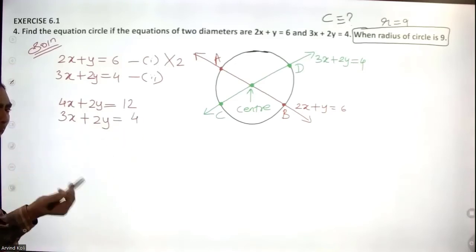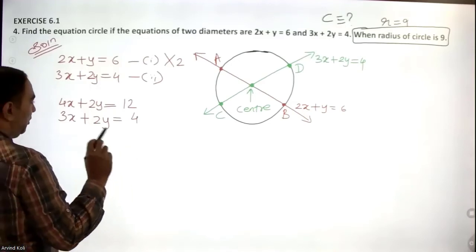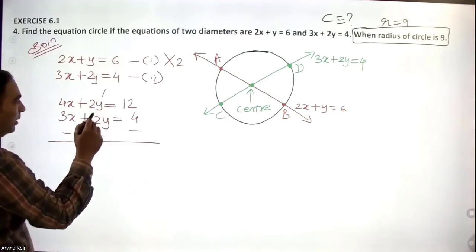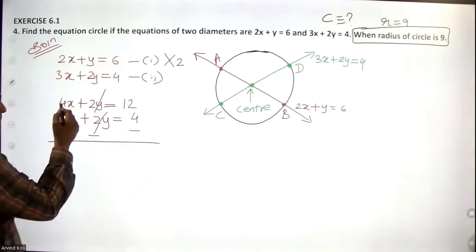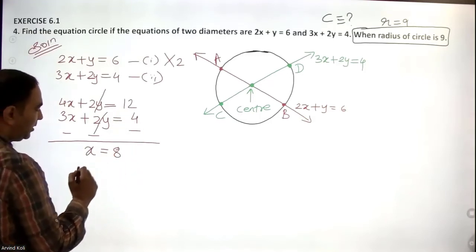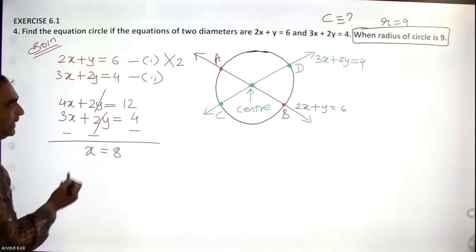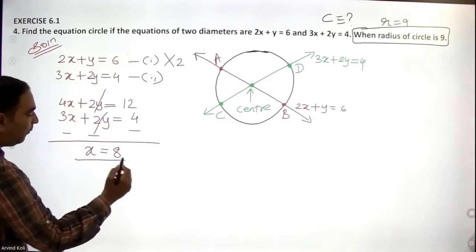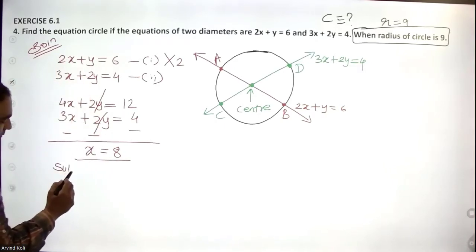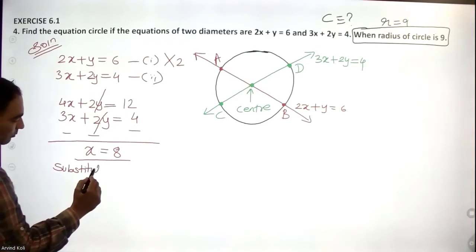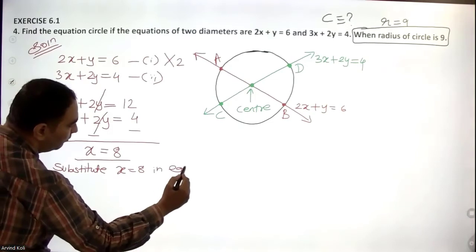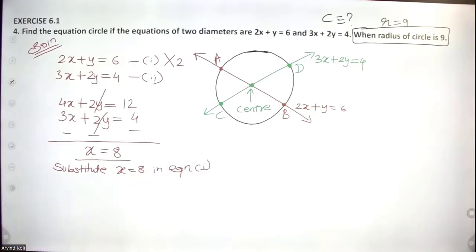Now we are not going to add, we are going to do subtraction. So for subtraction, all the signs become opposite, and the 2y terms cancel. 4x minus 3x is x. 12 minus 4 is 8. So we got the x coordinate, that is x equals 8. Now for y, we will substitute x equal to 8 in equation 1.